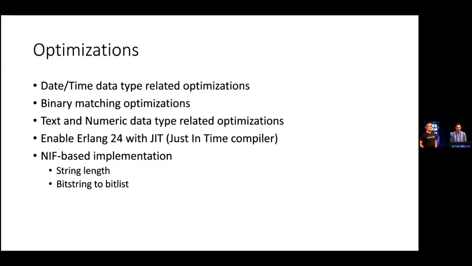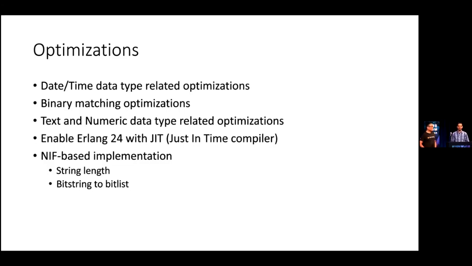Here I have a summary of all the optimizations we have tried. We covered the first two bullets in this talk. Some more optimizations we tried were similar to the date optimizations that I showed earlier. We tried something similar for text and numeric data types. We made sure that we enabled Erlang 24 with JIT.